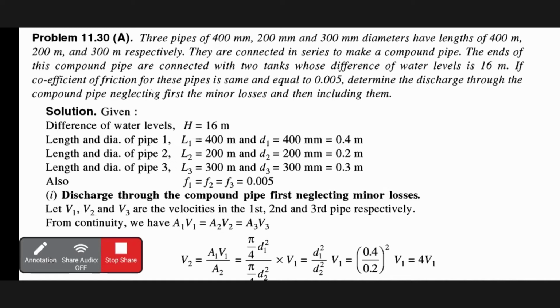Whether the pipes are inclined or horizontal, it doesn't matter. The difference in the level you need to show; whether you are showing the pipes inclined or horizontal, it will not affect.